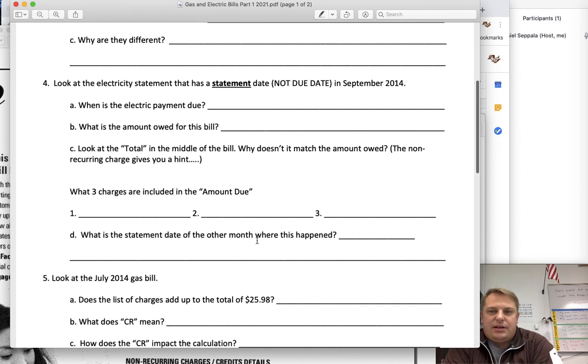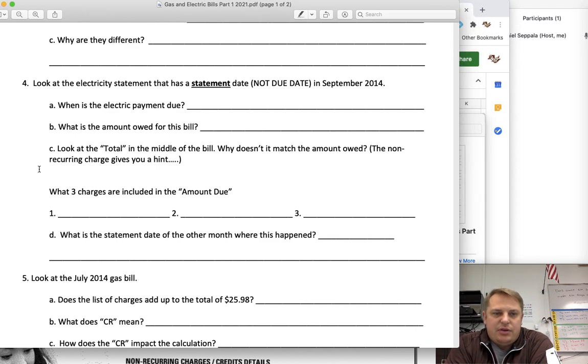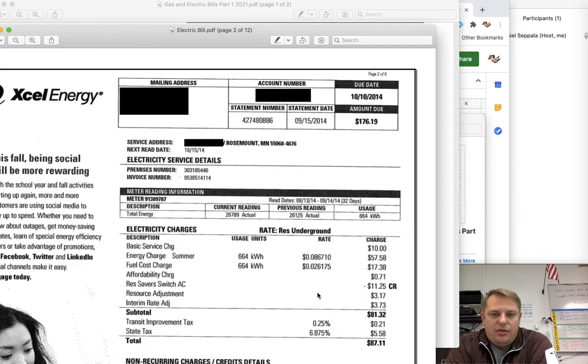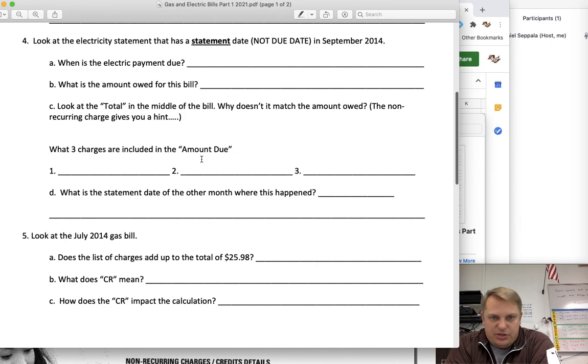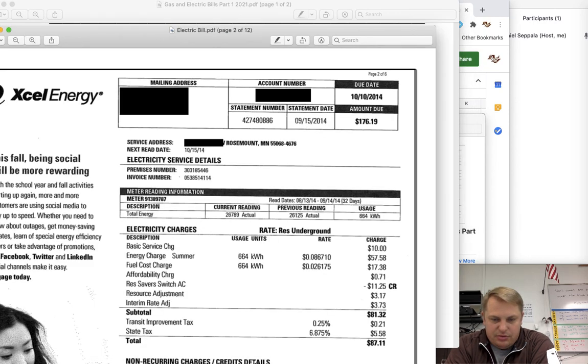One of the areas that causes some concern and where questions have come up in class is when you get down to this part. They're going to have you go to the September of 2014 bill and look at the total, and the total here does not match the billed amount. They're way different. So this question asks, what three charges are included in that amount due?